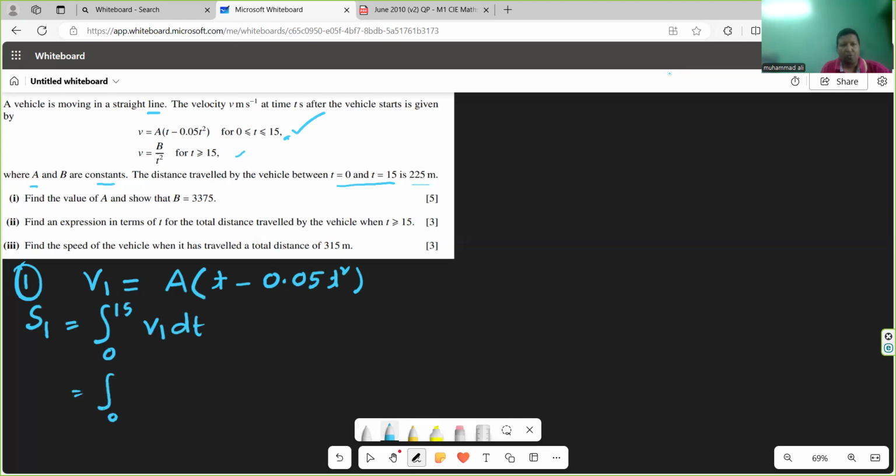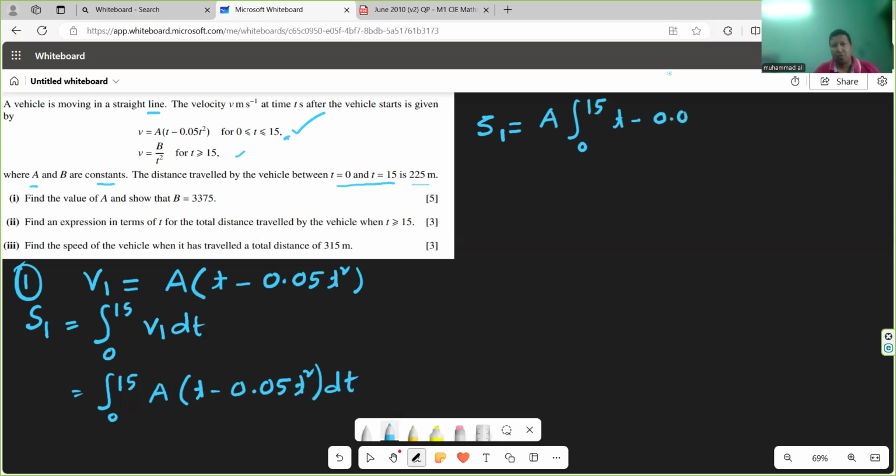So from 0 to 15, v1 equals a(t minus 0.05 t squared) dt. After that, s1 equals the constant a kept outside, times the integration from 0 to 15 of (t minus 0.05 t squared) dt.